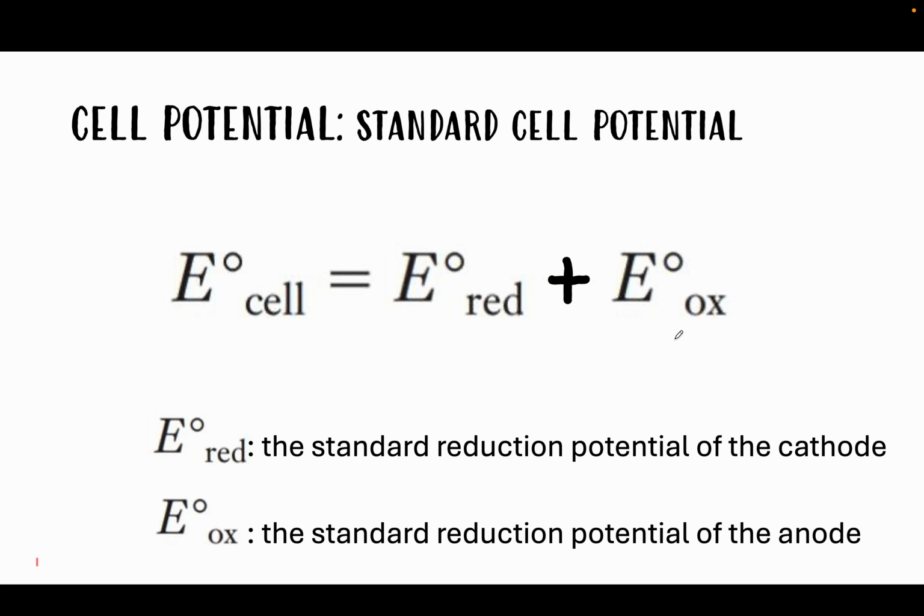So E naught cell equals E naught reduction plus E naught oxidation. This is for the cathode, and this is the anode. Remember the mnemonics: an ox, red cat. The same principles still apply.